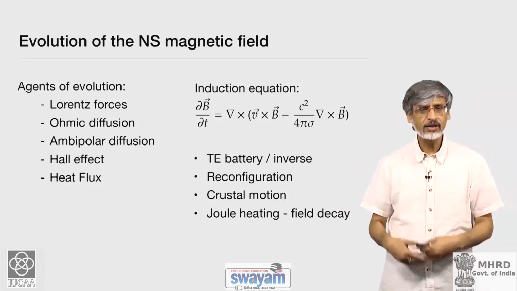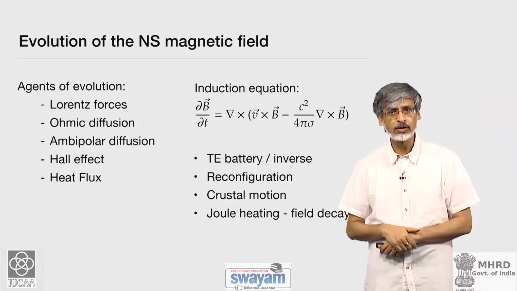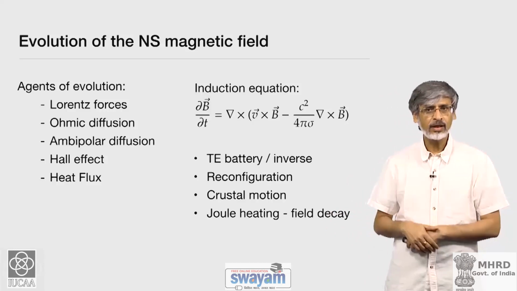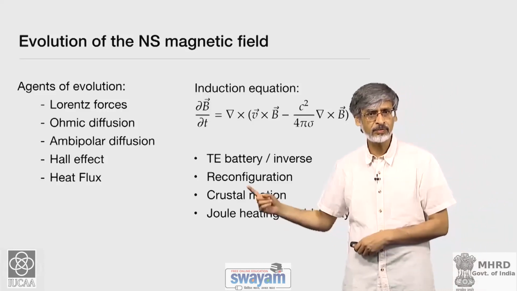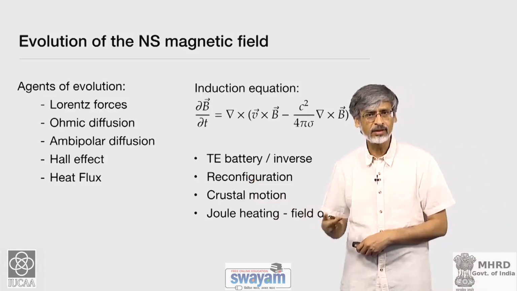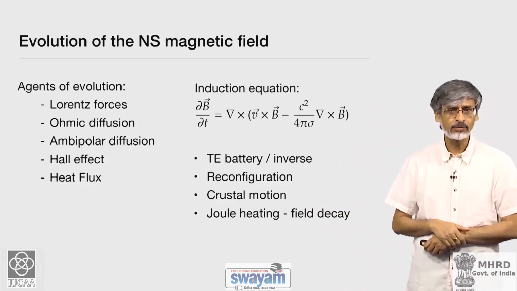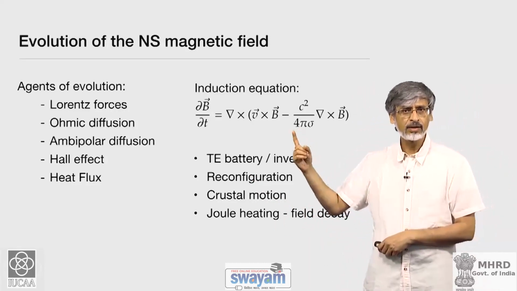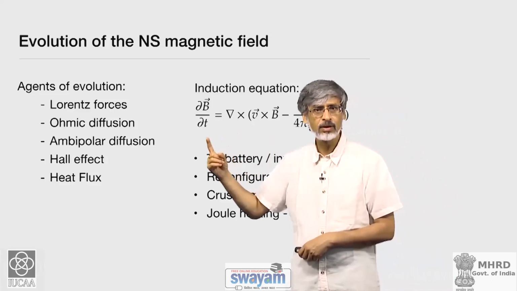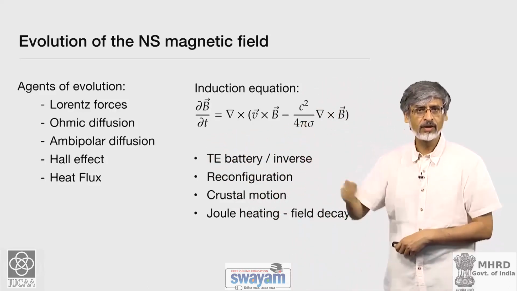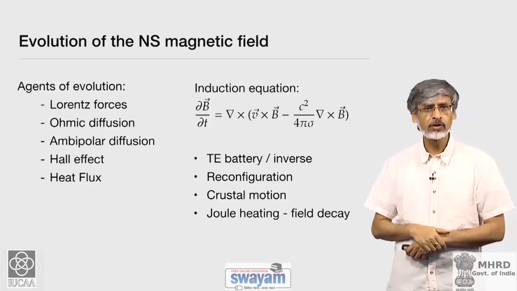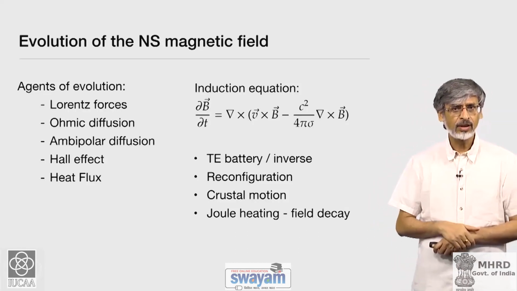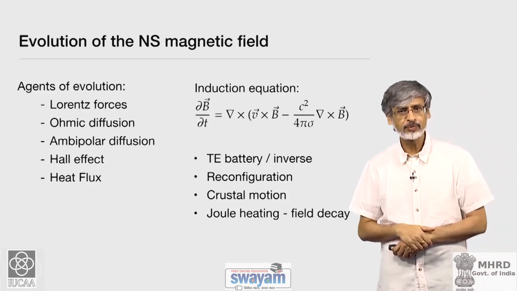As the field decays, the energy goes into heat, and that Joule heating can feed back on the conductivity and hence also affect the further field evolution. The induction equation is one generalized expression which can be used to describe the evolution of the neutron star magnetic field.